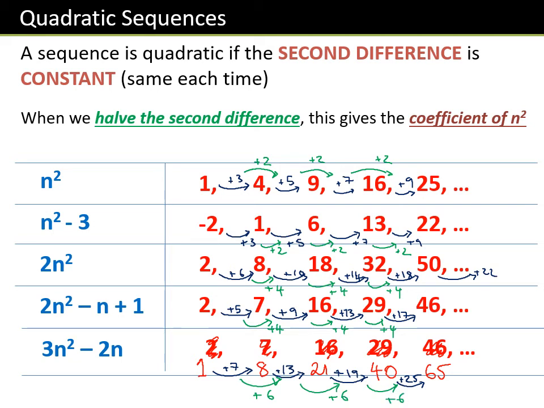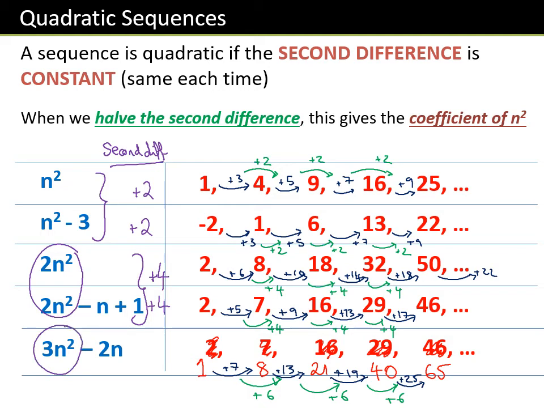So if I just make a note here of what my second difference is, for these n squared sequences, my second difference is add 2. For these 2n squared sequences, my second difference is add 4. And for a 3n squared sequence, my second difference is add 6.